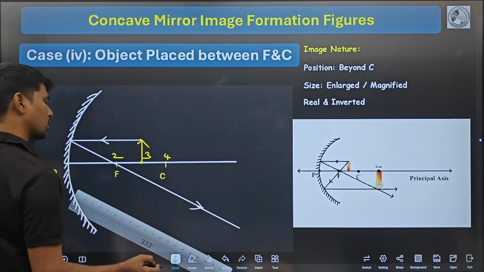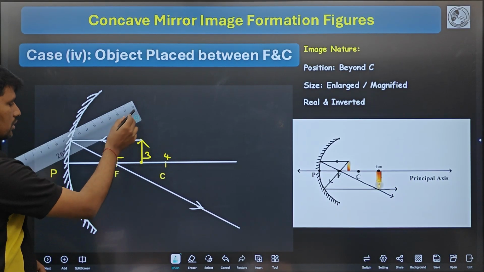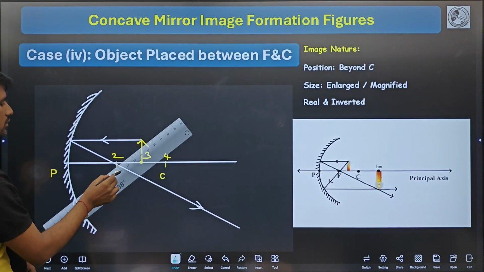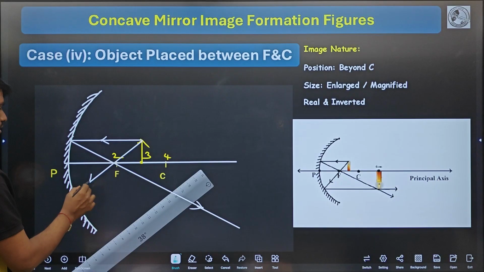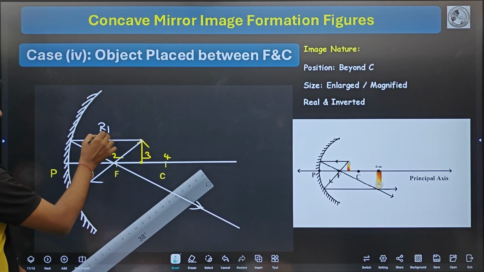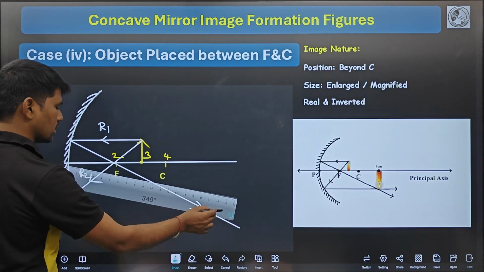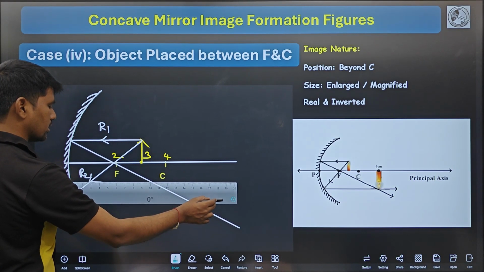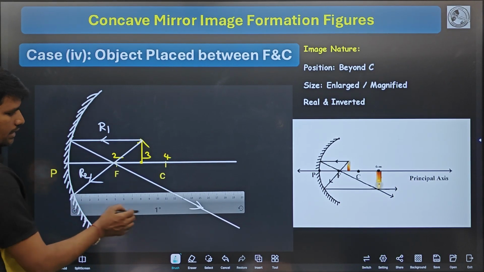Next, one more ray through focus. The incident ray is through focus. So this is R1 and this is R2. If the incident ray is through focus, then after reflection, the reflected ray is parallel to the principal axis.